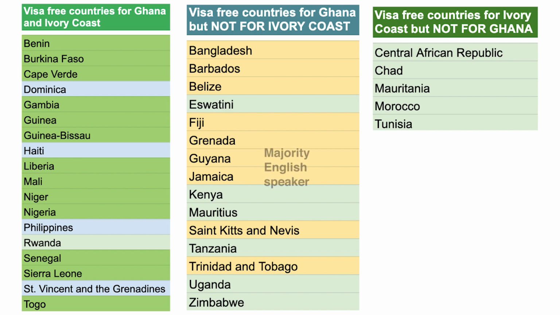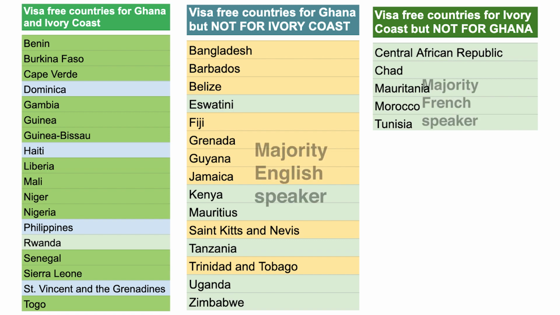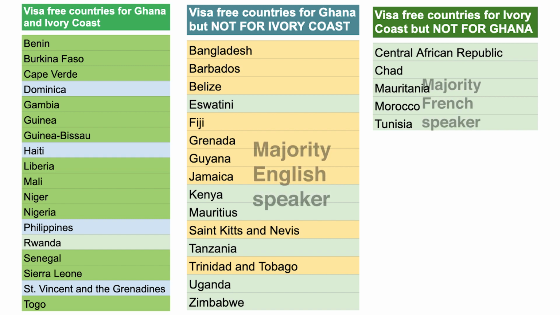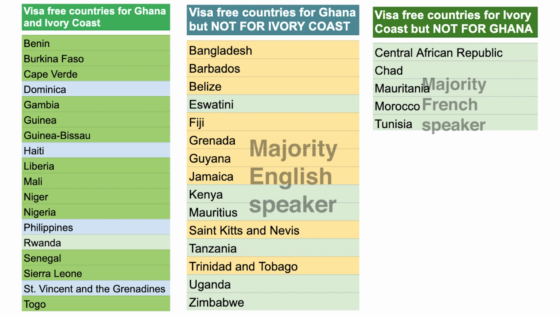So when you look at the visa-free countries for Ghana, you can see that the majority of these countries were either colonized by Britain, or they have a lot of English speakers there.